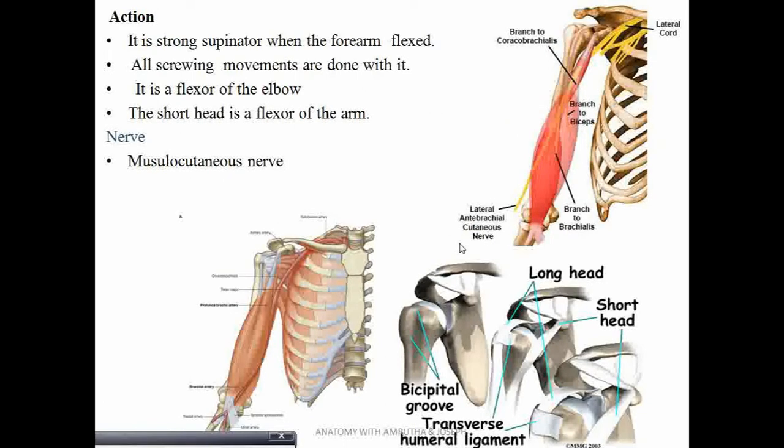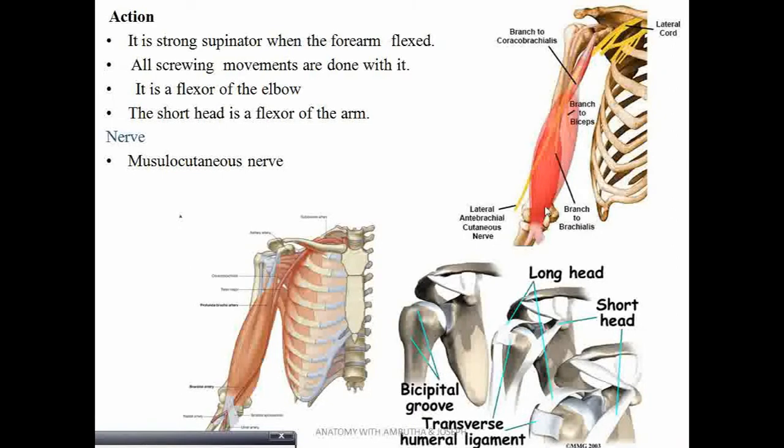Actions. The first action of biceps is that it's a strong supinator when the forearm is flexed, and all screwing movements are done with it. In addition to that, it is a flexor of the elbow because it crosses the elbow joint anteriorly.